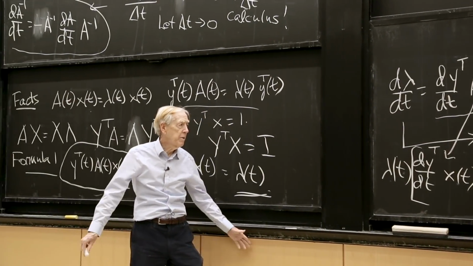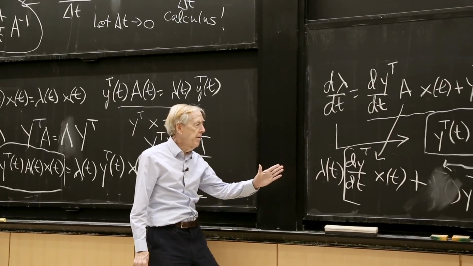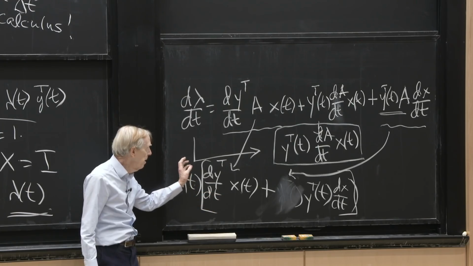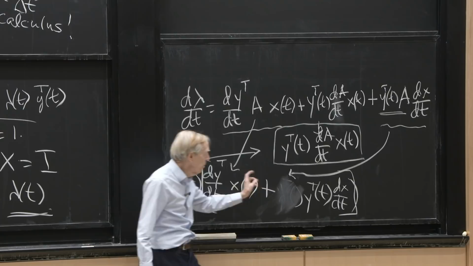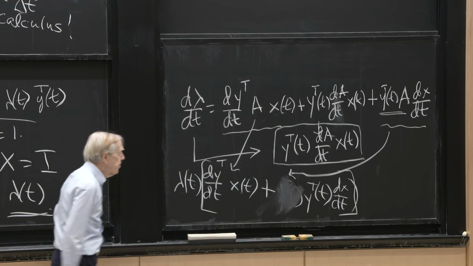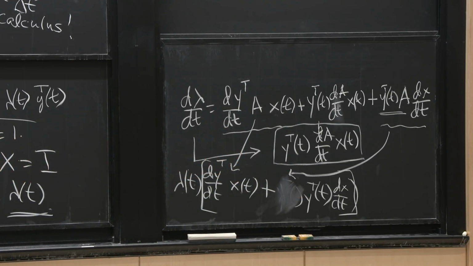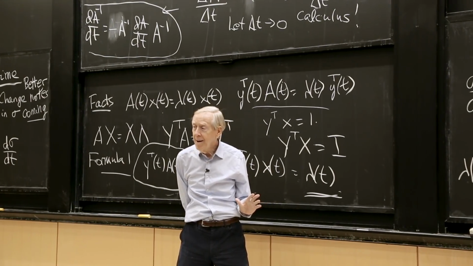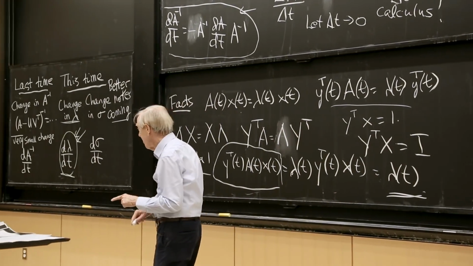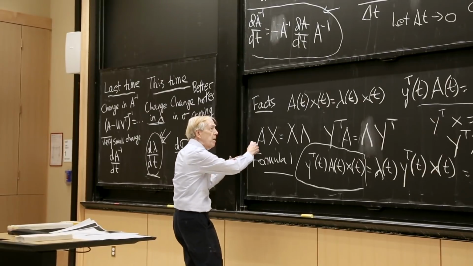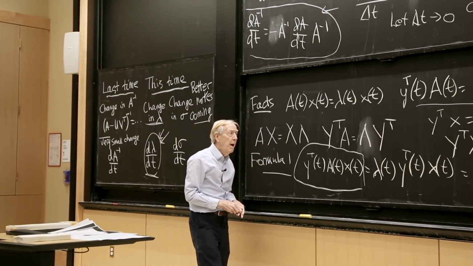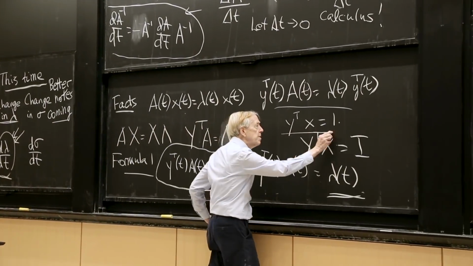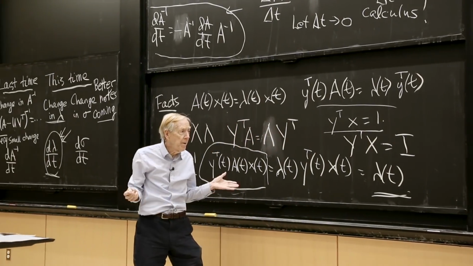So for some wonderful reason, I believe that this number, which is a row times a column, two terms there, I believe they knock each other out, and that result is 0. And why? Because I come back to this board that has all that I know, and here's y transpose times x equals 1, and how does that help me?